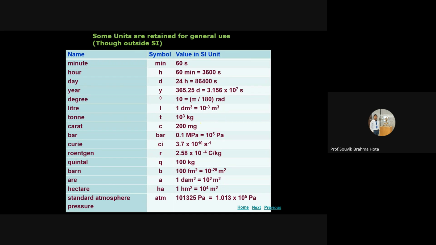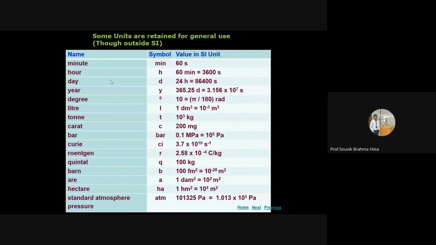So actually here it should be written, just a second. Yes, 180 degree is equal to pi radian. So 1 degree is equal to pi by 180 radian.